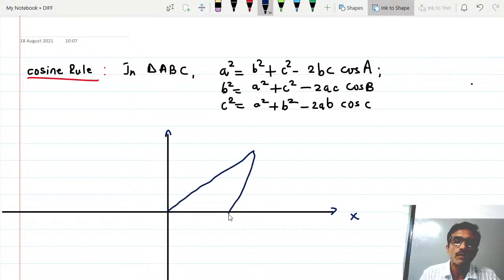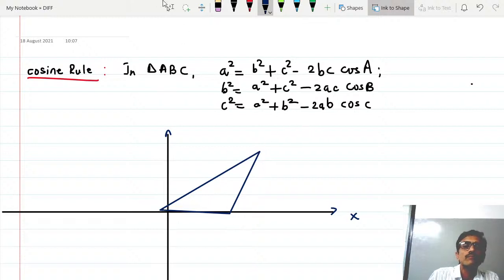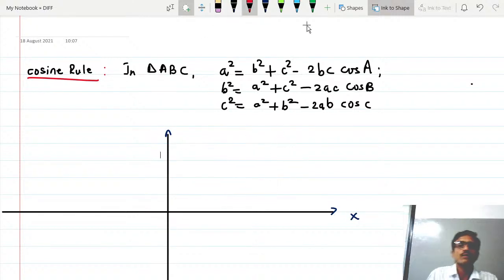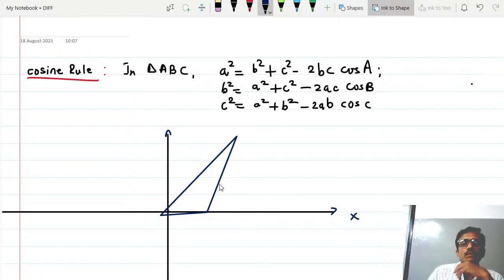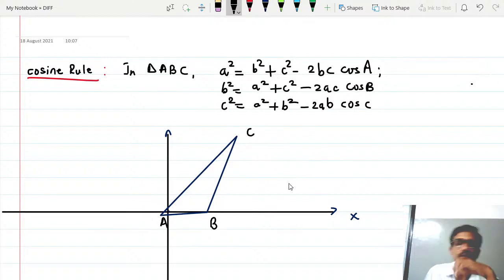We take vertex A of this triangle at the origin, and along AB we take the x-axis, and the line perpendicular to the x-axis through A we denote as the y-axis.